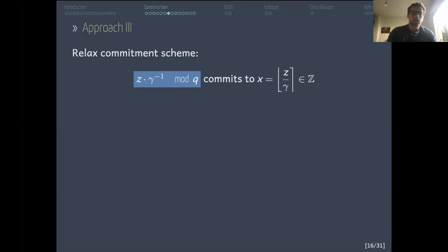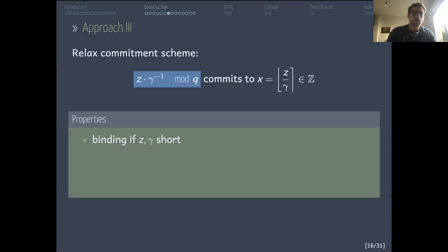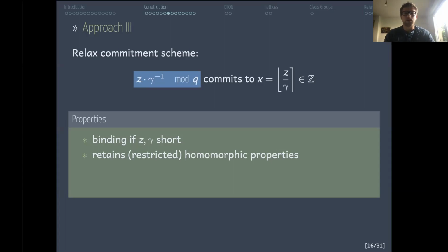So yes, this is the way we relax the commitment scheme. And first of all, it has a lot of nice properties. The first one being that if parts of the opening, z and gamma, are short, then we know that x, the committed value, is also short, which I hope I have motivated enough. This is very important to use the three-square decomposition over Z_q. Then it also retains restricted homomorphic properties. I'll go into more detail later on about what exactly I mean by restricted.